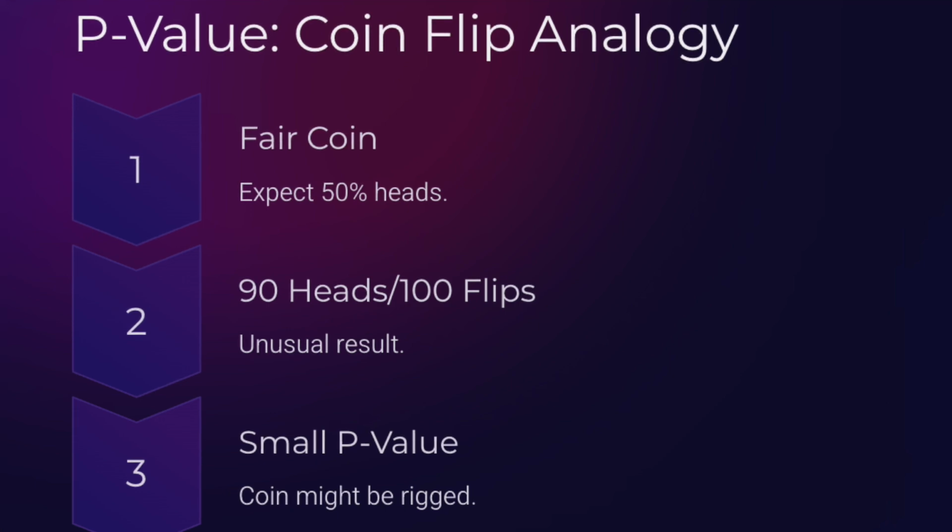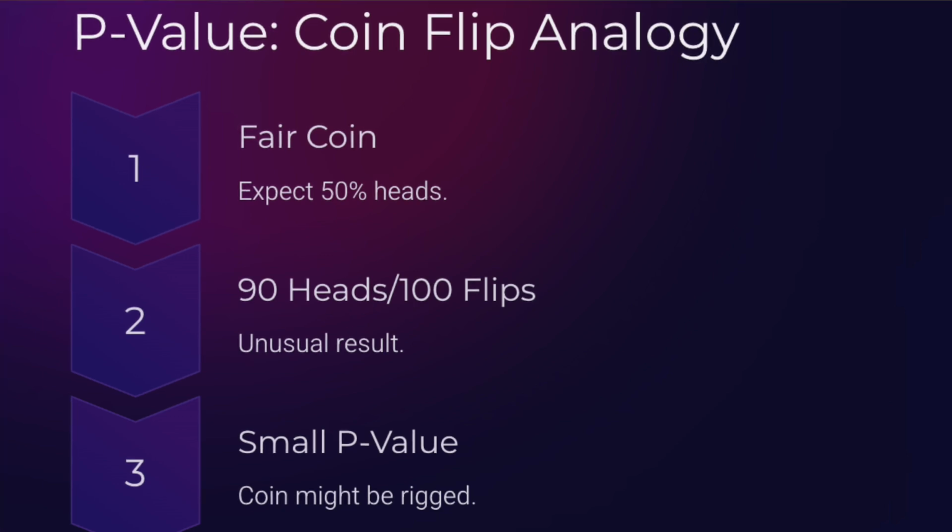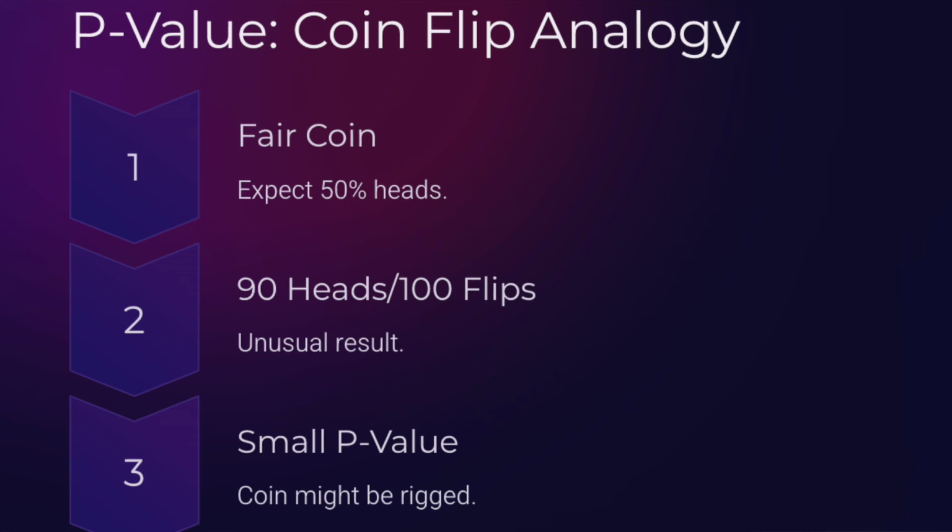Now using the central limit theorem, we can calculate the probability of observing an extreme event. In this case, the extreme event is observing a 90% occurrence rate for heads. Now, what is the probability that this extreme value is happening due to random chance? This answer the central limit theorem can give. This probability value is called the p-value.